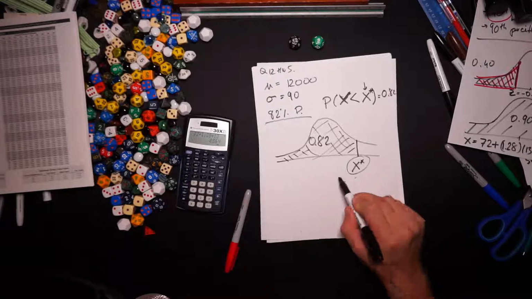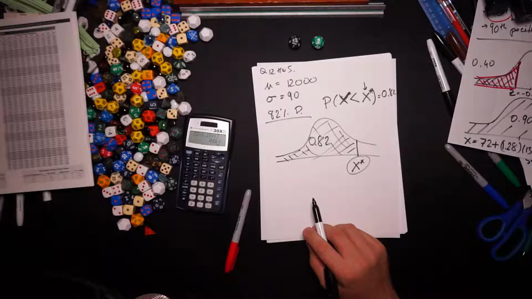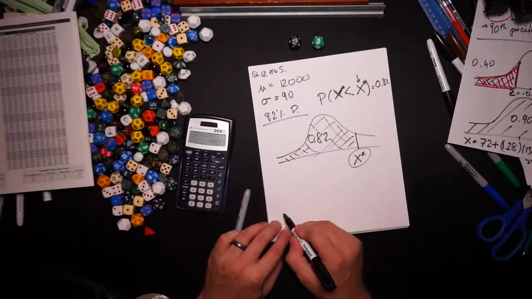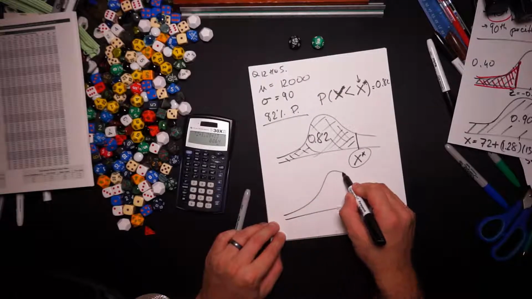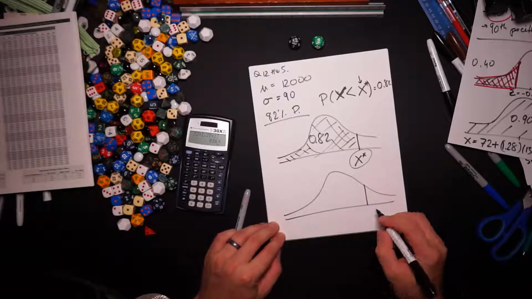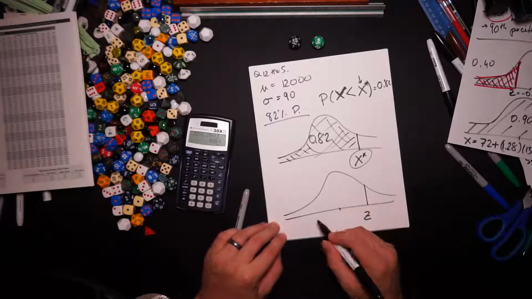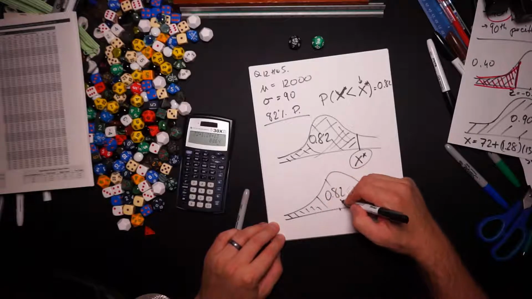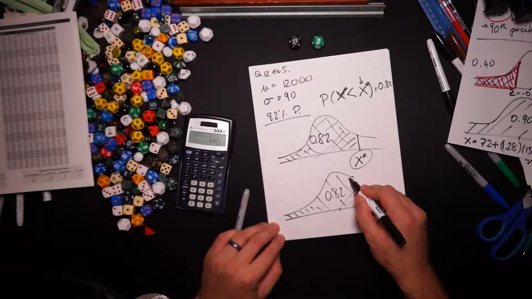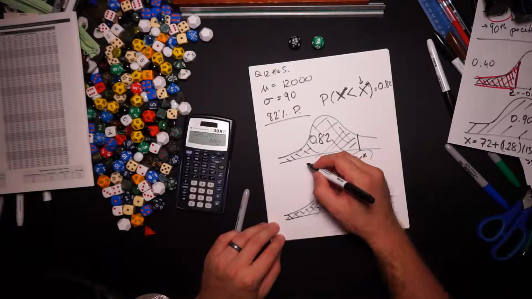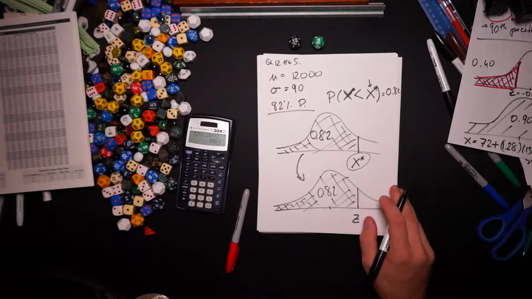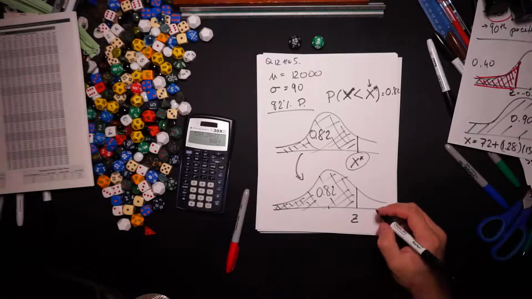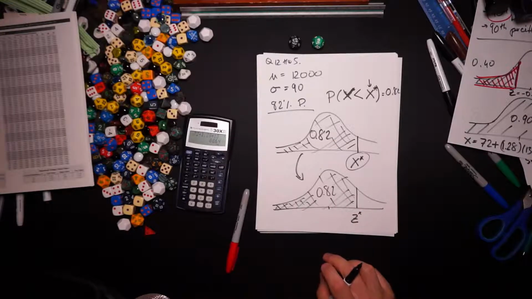What we don't know is this. But what we can do is convert it from here to here and then have some z to talk about.